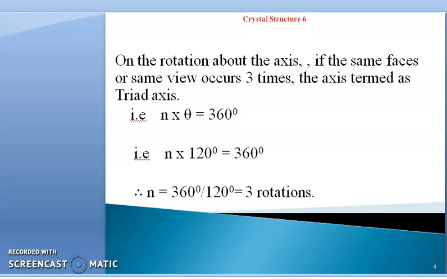In this case theta is 120, n into 120 is equal to 360, therefore the number of rotations is 3. 360 divided by 120 degrees is equal to 3. It means whenever the same view occurs 3 times when the crystal is rotated about the axis, the number of rotations is 3.